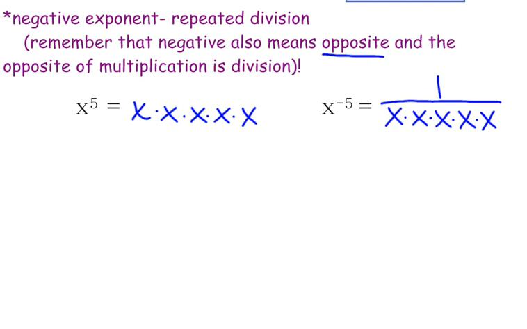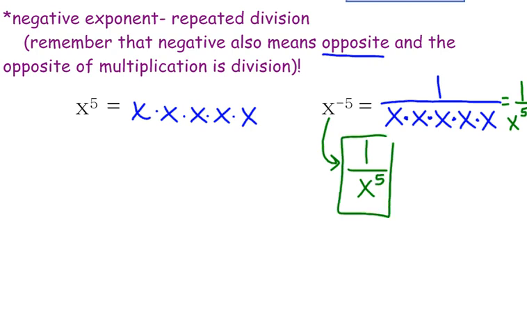I know it looks like multiplication because of those multiplication dots that are in between there, but because it's under the division line, I'm actually taking 1 and I'm dividing it over and over again by all of these x's. So what would be an easier way to write this? 1 over x to the 5th. In other words, this becomes 1 over x to the fifth. Notice that in this answer there are no negative symbols.